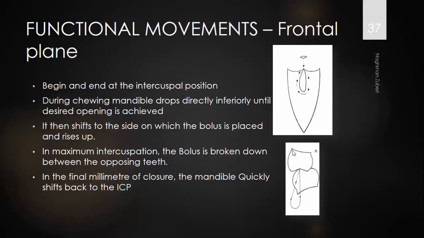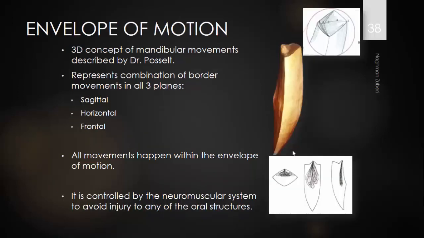This is the three-dimensional envelope of motion which was described by Dr. Posselt, also known as Posselt's envelope of motion. It represents the combination of the border movements in all three planes: the sagittal, horizontal and frontal. All movements happen within the envelope of motion.